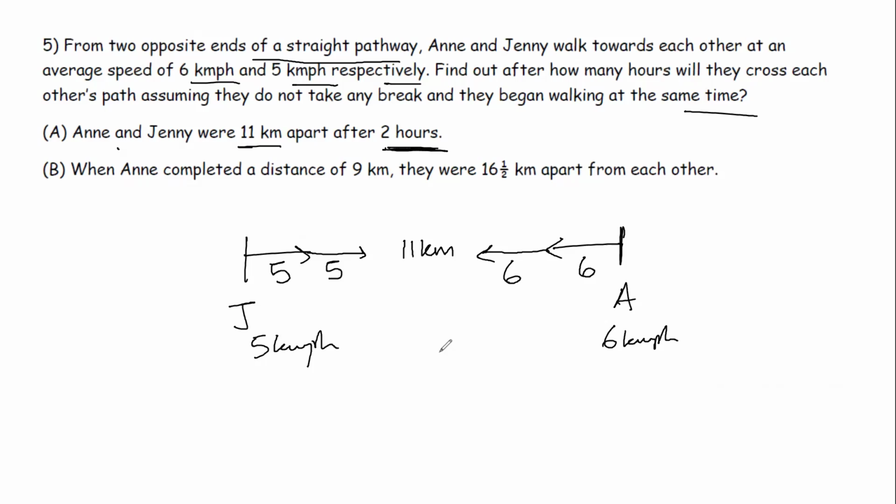If you realize that every hour, cumulatively, they're traveling 11 kilometers, 5 plus 6, then in 3 hours' time, in the next hour, they will meet across each other's path. Make sense?